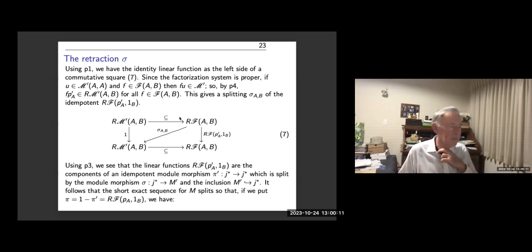So this is sort of reconstructing what I said before. Now, once we've got these PAs and the P prime, which is the complementary thing, then you get the splitting, which I'm calling pi.